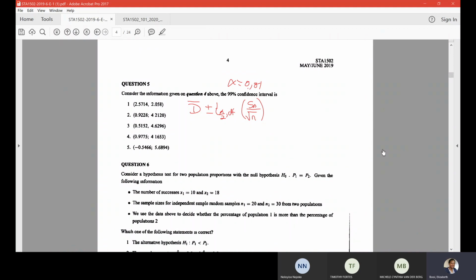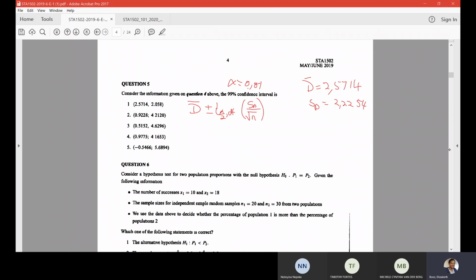Based on the values we had, our mean was 2.5714 and our standard deviation was 2.2254.